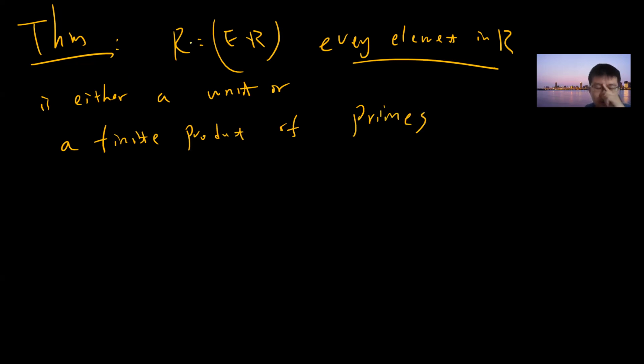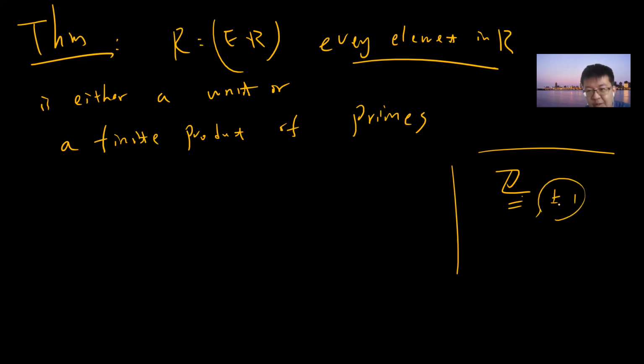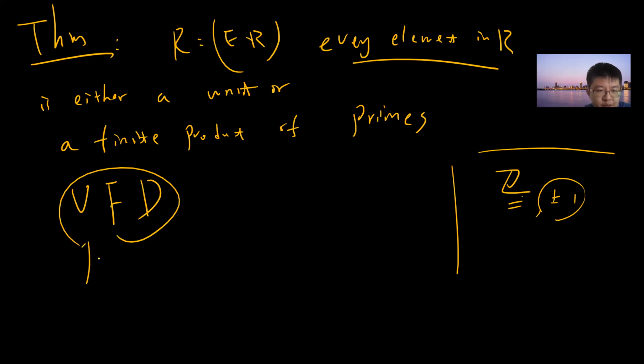Recall that in elementary school, you know that any integer, if it's non-unit, that is not 1 or minus 1, can always be written as a finite product of primes. Okay, this is called a unique factorization domain. So any ring which has this property is called a unique factorization domain.